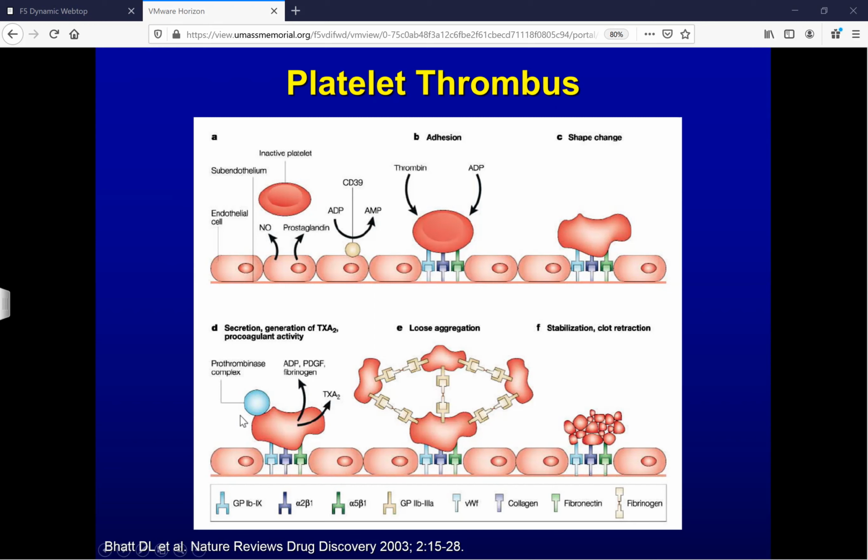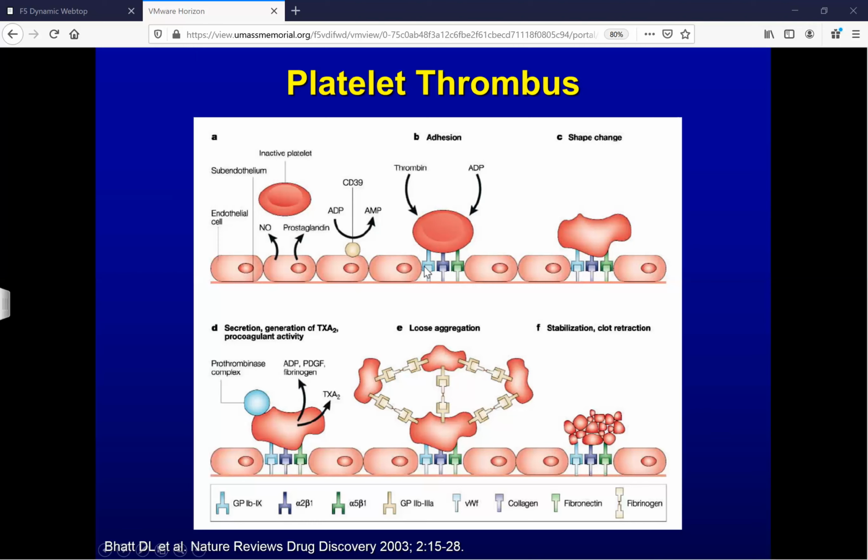When they lead to this adhesion, then the activation occurs. As a result of that, more ADP gets secreted and fibrinogen gets secreted. The thromboxane A2 gets secreted, and that leads to more exposure of these platelets.